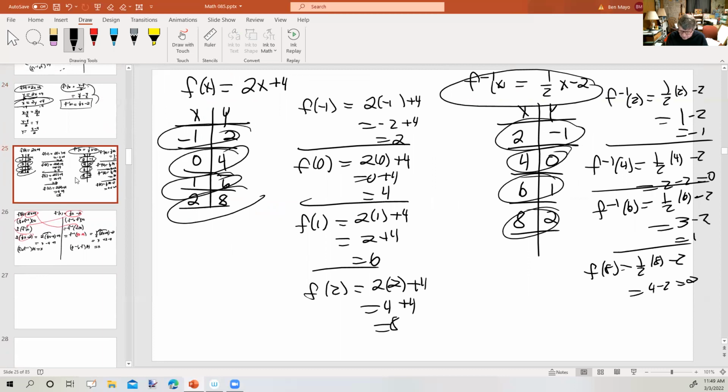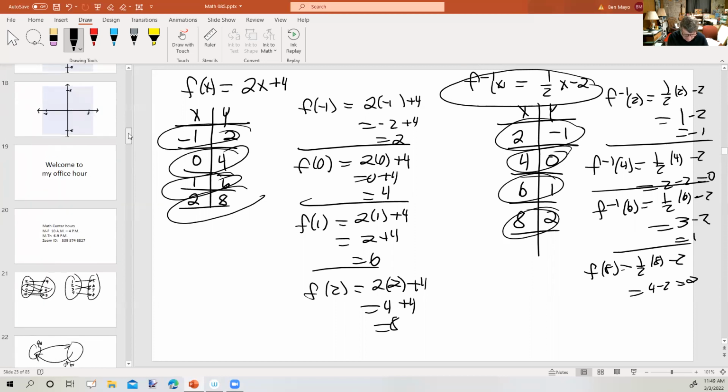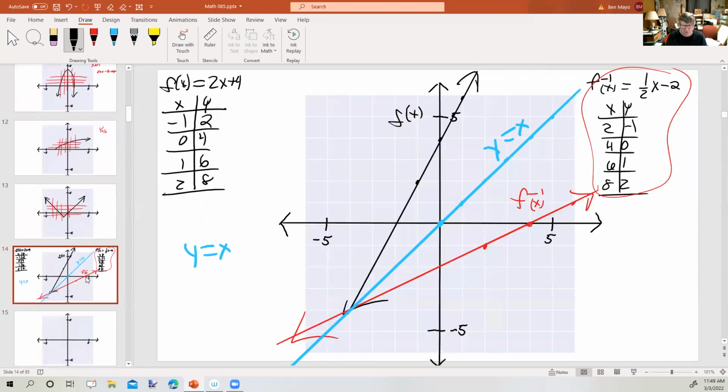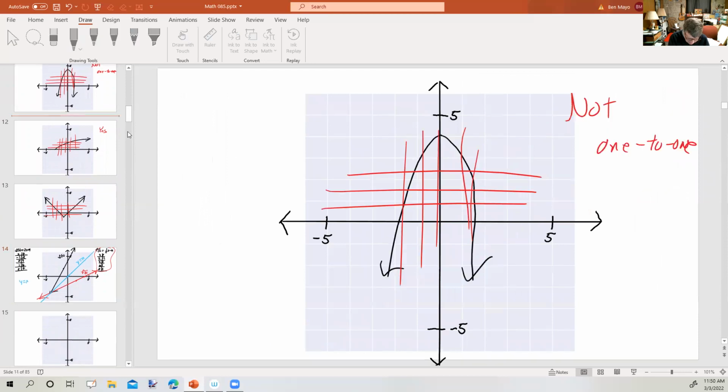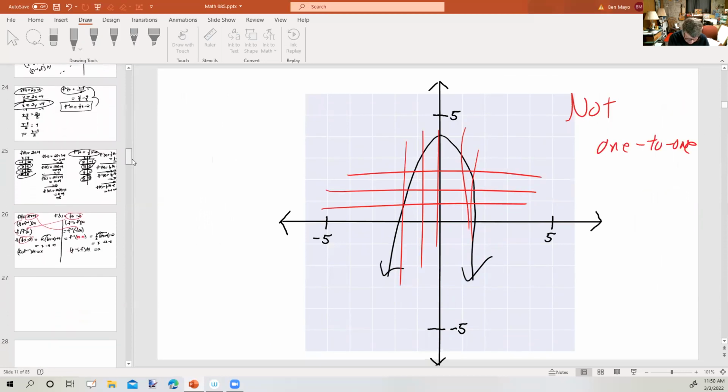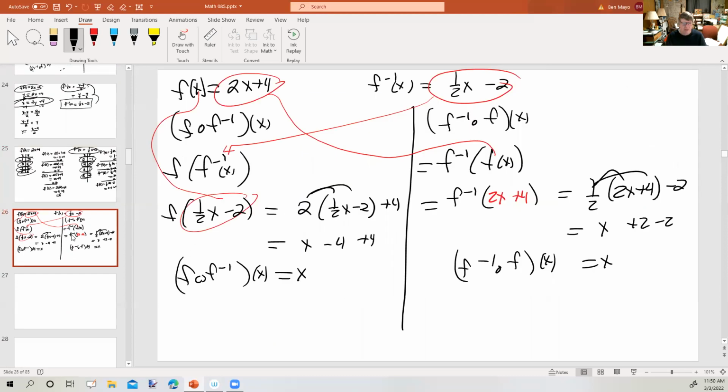We found ordered pairs and saw that an ordered pair for f of x, if you switched x and y around, you got an ordered pair in f inverse of x. And we looked at the graph of it to see that they're symmetric about the line y equals x. And we composed them in both directions to get x. All right.